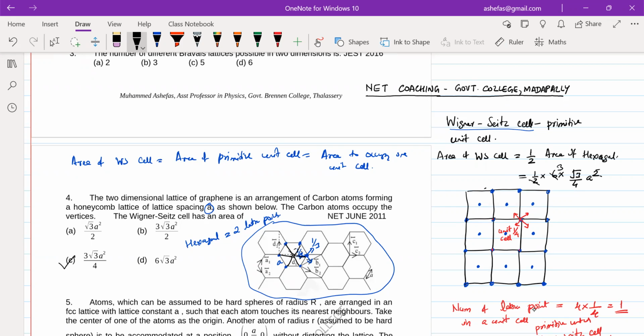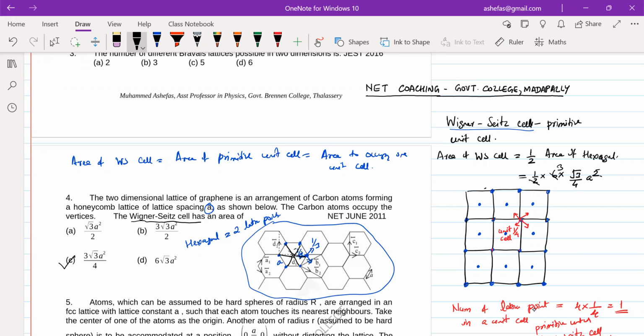Recall, if any question asks to find the area or the volume of the Wigner-Seitz cell, all you have to find is the area or the volume required to occupy one lattice point. The figure will have some lattice shown there.